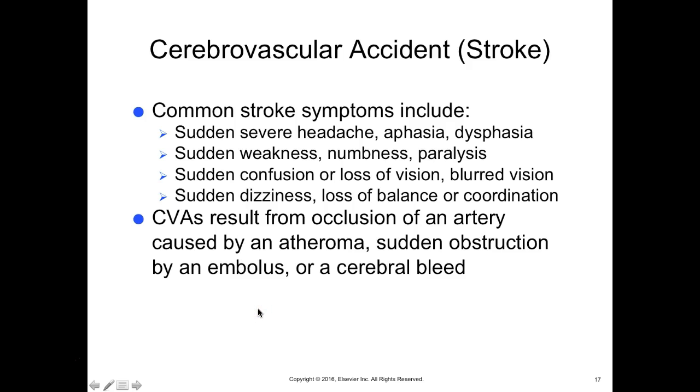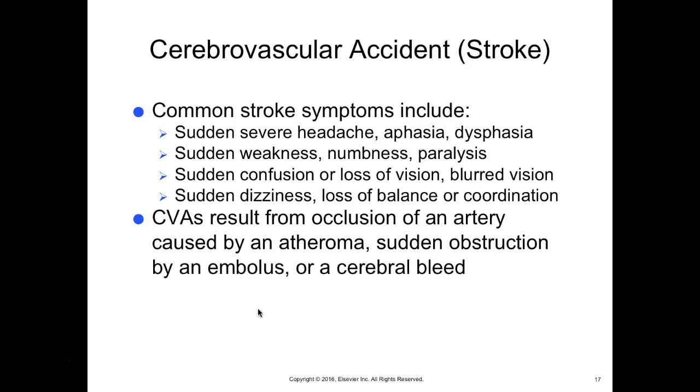So common stroke symptoms include sudden severe headache, aphasia, dysphagia, sudden weakness, numbness, and paralysis, sudden confusion or loss of vision, blurred vision, sudden dizziness, loss of balance, or coordination. One of the things that they'll do to assess for a cerebral vascular accident is have the person blink, smile, and there will be a drooping on one side of the face.